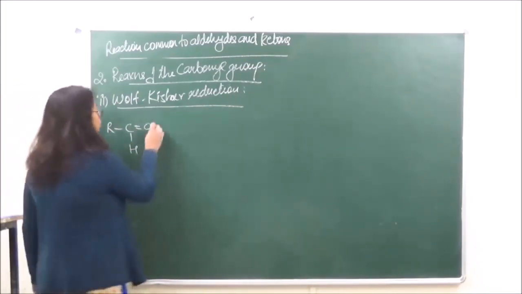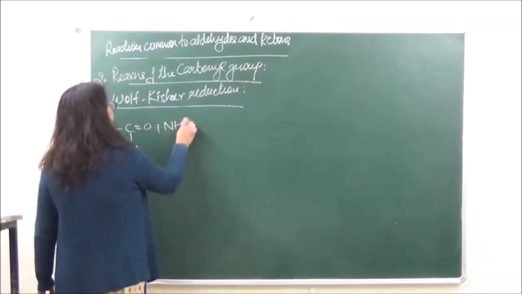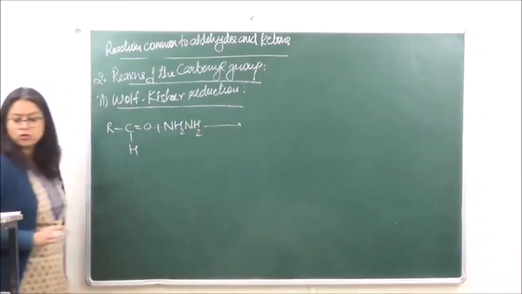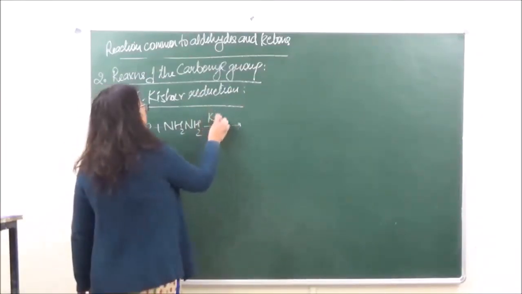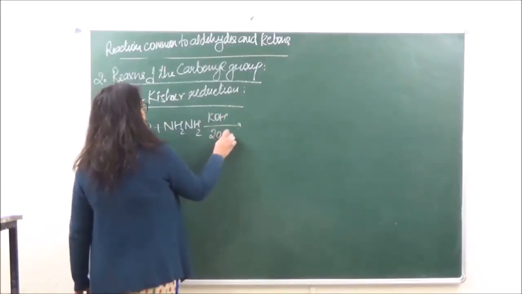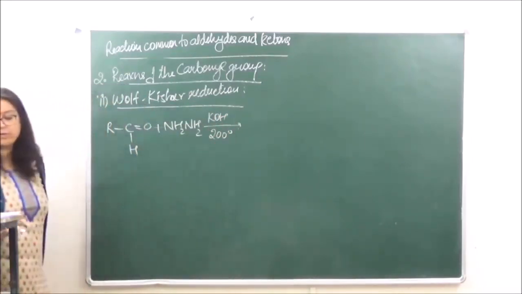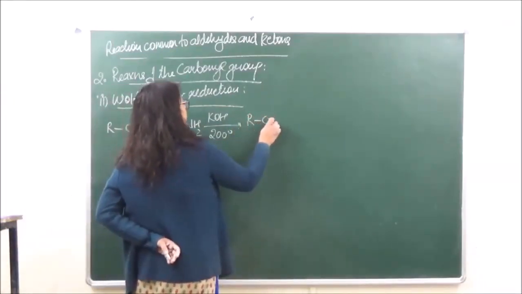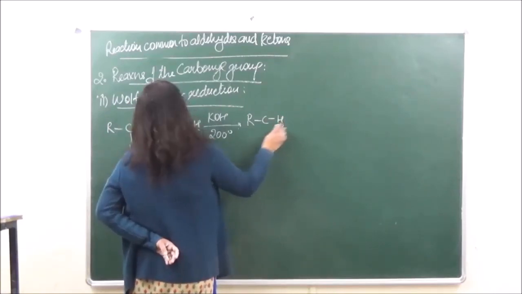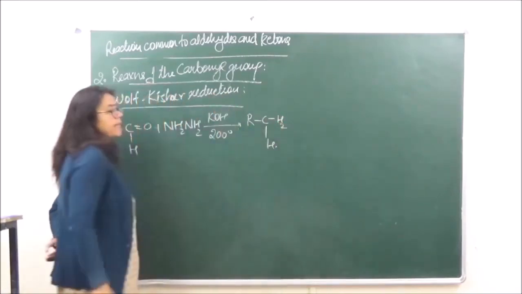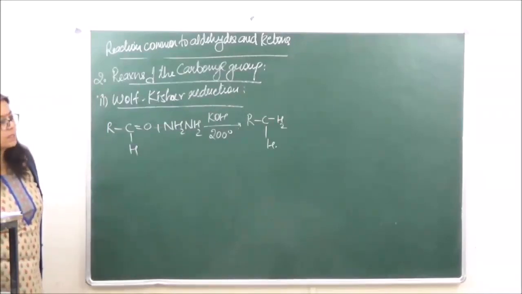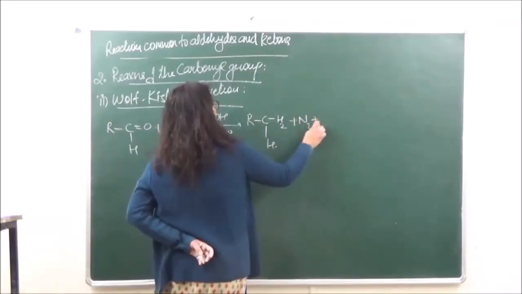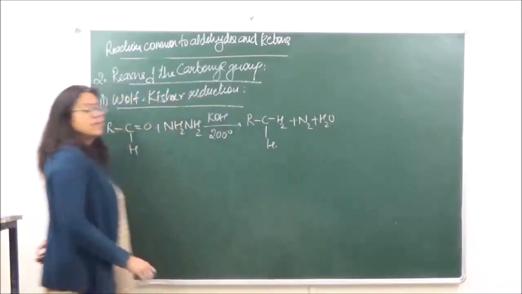So C double bond O is going to be reduced, and the reaction takes place in presence of KOH at 200 degrees centigrade. C double bond O is going to get reduced to the CH2 group. So what are we going to get over here? R-CH3. So we're getting the hydrocarbon, and along with this you will get nitrogen plus H2O.